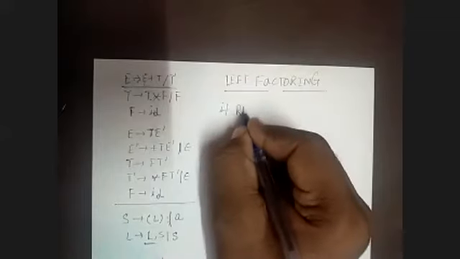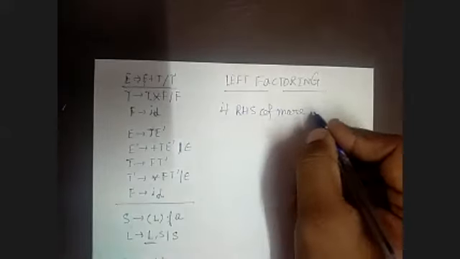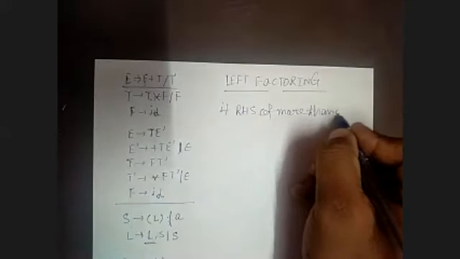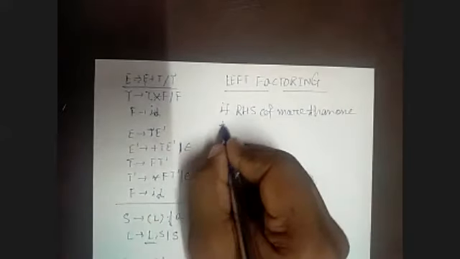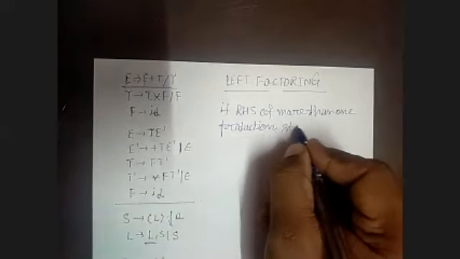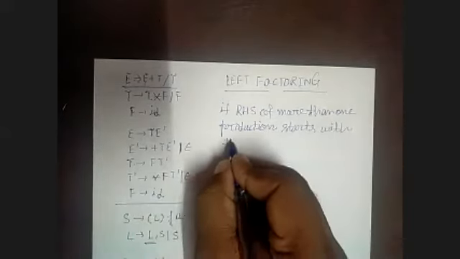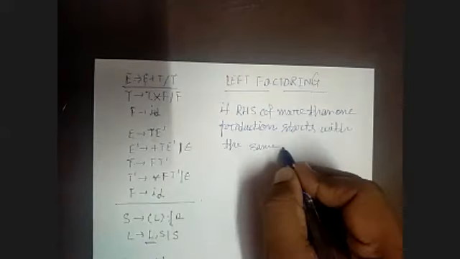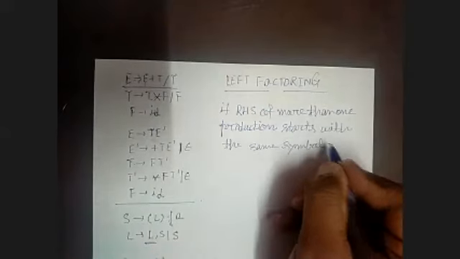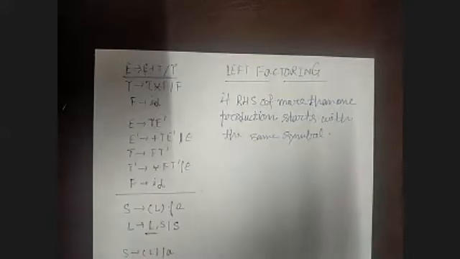If the right hand side of more than one production starts with the same symbol, then such grammar is called left factoring grammar, which contains the common prefix.